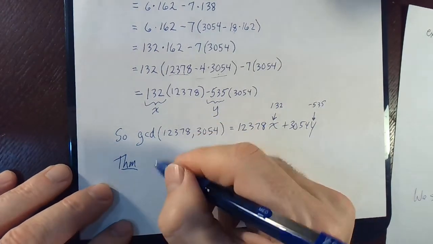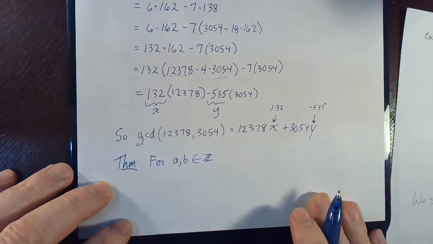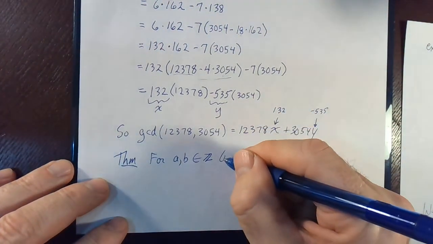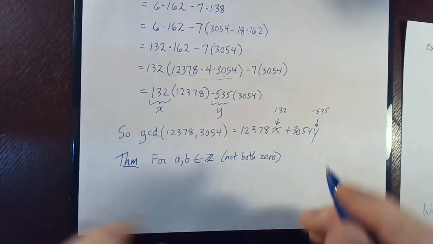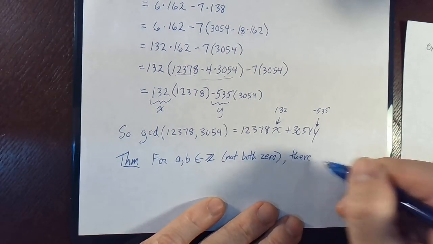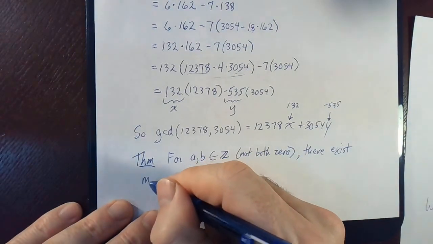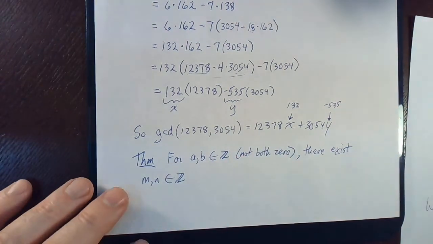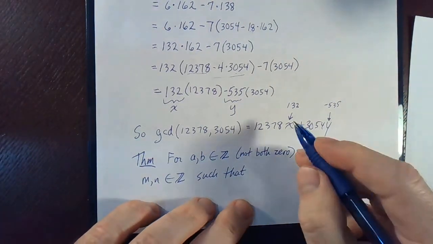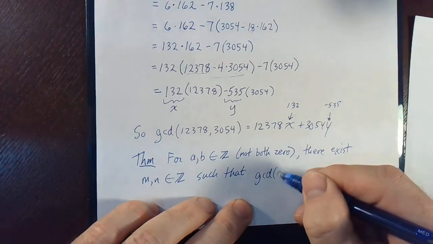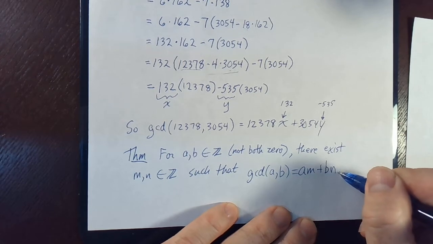The theorem would say this: for two numbers a and b that are integers, and I'll just go ahead and specify not both 0, there exist two numbers which I will call m and n in the set of integers, such that the greatest common divisor of a and b is equal to am plus bn.